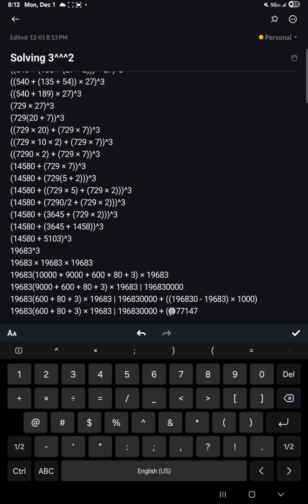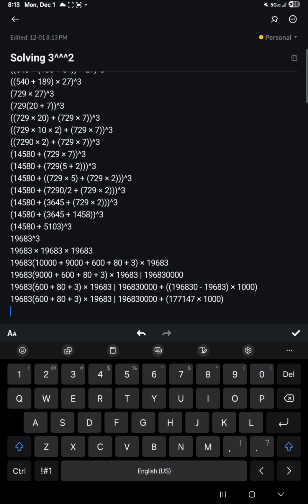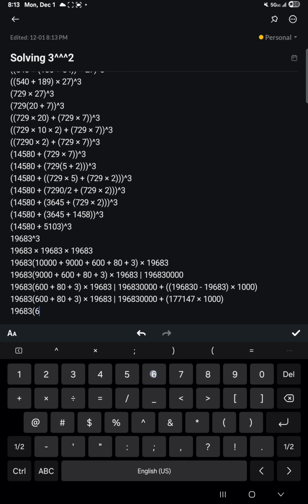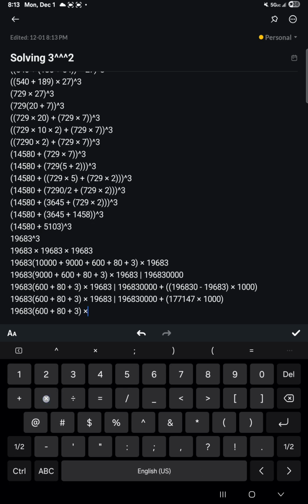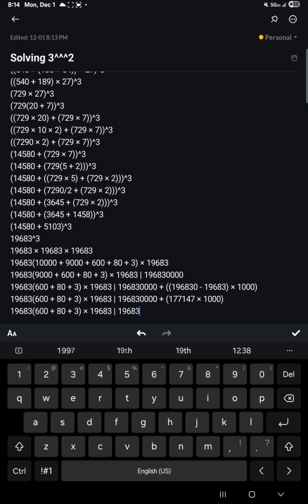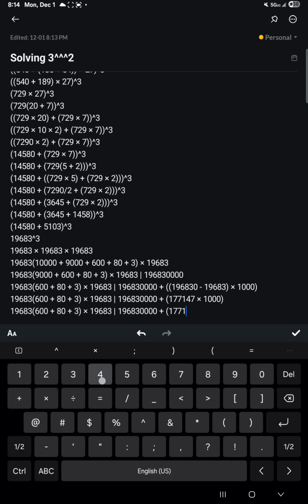So we're left with 177,147 times 1,000. 1,000 is just 10 cubed, or 10 to the power of 3, which is basically the same as adding 3 zeros to the end. So let's add the 3 zeros.